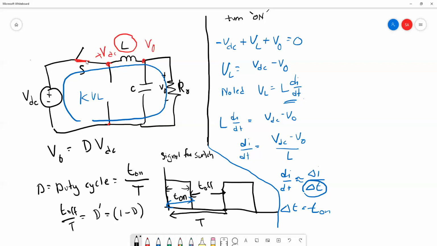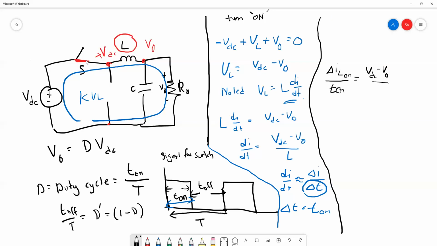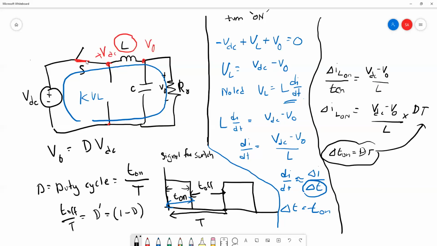Finally we can rewrite our KVL as delta IL over T on equals VDC minus V out over L, and finally delta IL equals VDC minus V out over L multiplied by T on, where T on is DT.